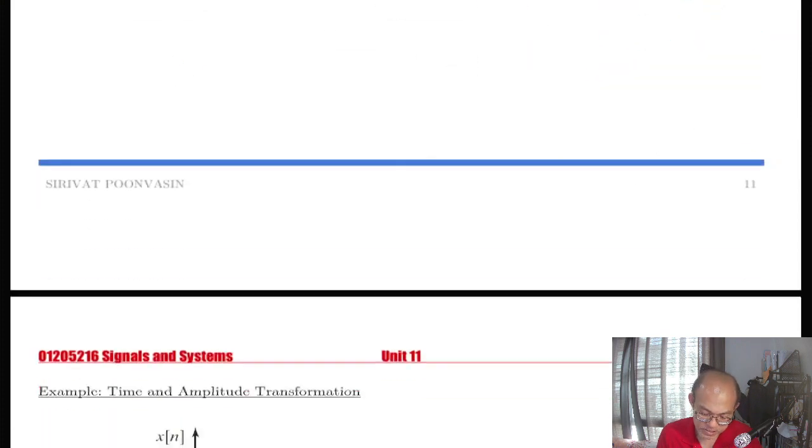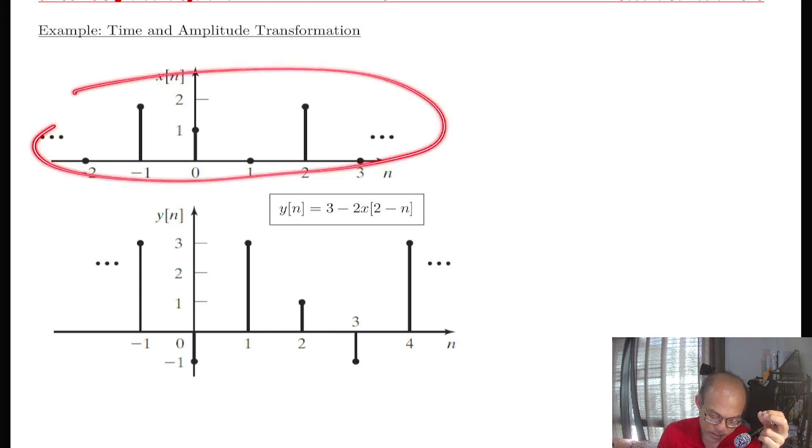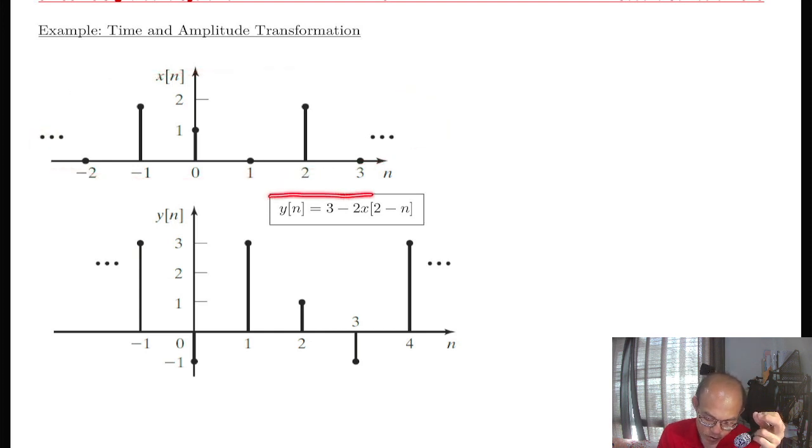All right? And we can also do both. Okay, we can do both the time and amplitude transformation simultaneously. For example, if we start with x, and we want to find y, which is equal to 3 minus 2 x of 2 minus n. So first you might want to do this one, right? And once you got this one, then you do the amplitude transformation.